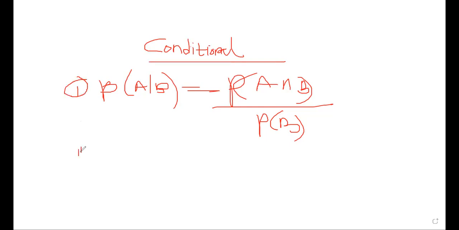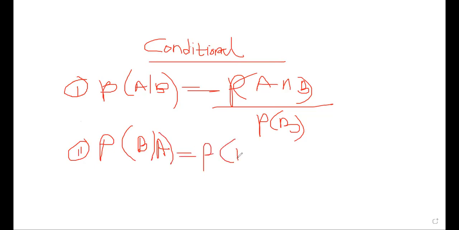The second one is where we look at probability of B given A is equal to probability of B intersection A over probability of A. Is also a conditional probability.